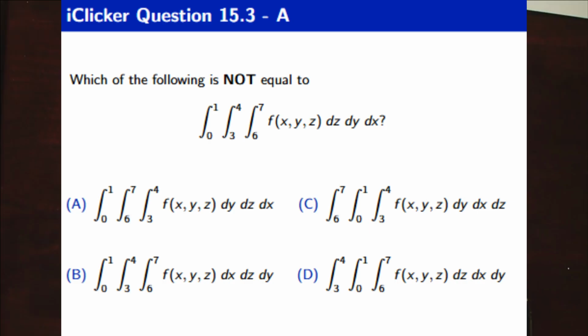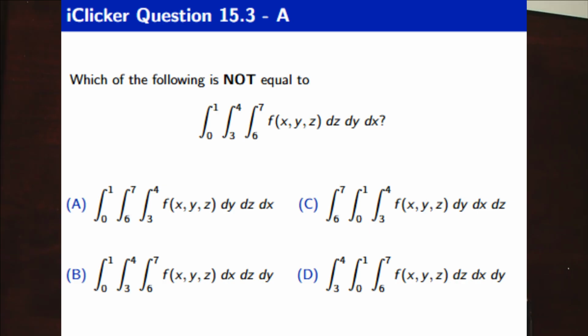Wait, what are the bounds for z? For z, 6 and 7. For y, 3 and 4. For x, 0 and 1. Which one has those bounds for all of them? Well, let's do this together.